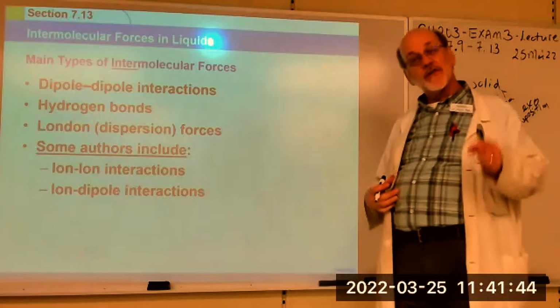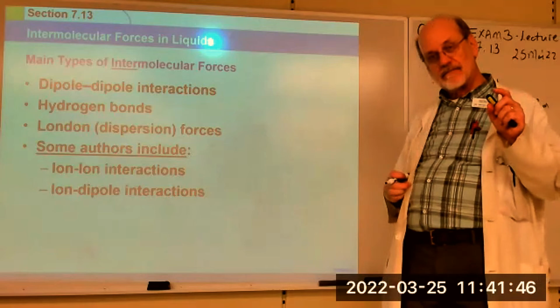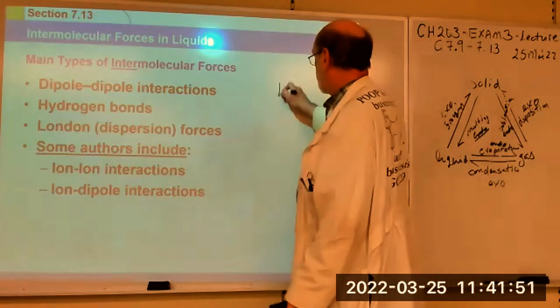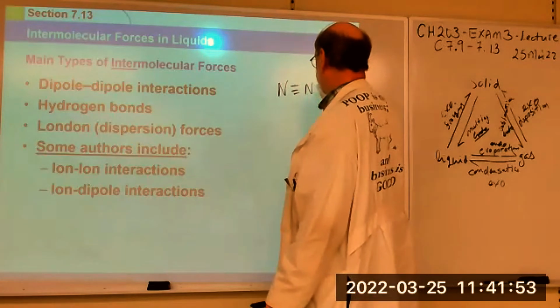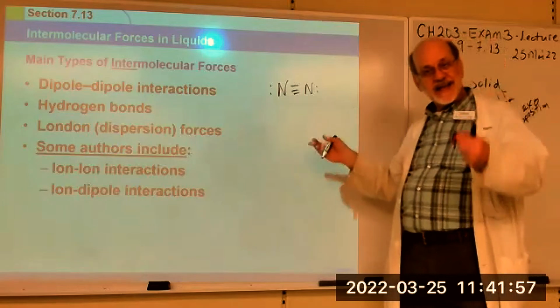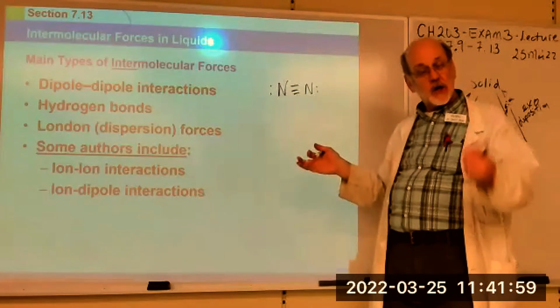So how do we know that they exist? Well, we know that, for instance, nitrogen will condense into a liquid if you get it cold enough.